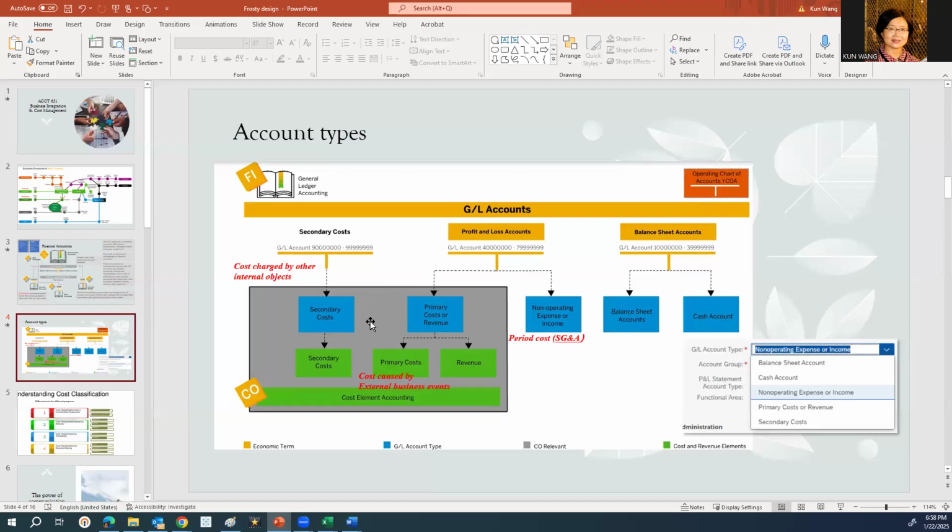Remember, if you already started on chapter 2, the gray area means the categories under the product cost or manufacturing cost. It means those cost items directly affecting the product cost or service cost, including your direct material, direct labor, and all sorts of overhead cost.